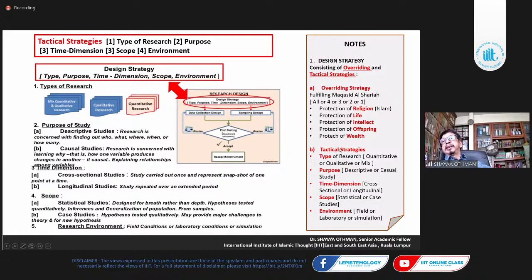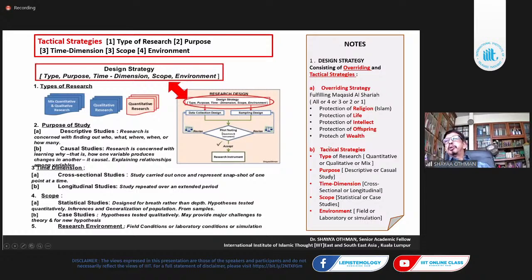The other strategy, I call it tactical strategy. Tactical strategy means whatever you do here, your purpose, time dimension, should not go against this overriding strategy, but should fulfill it. For example, when we did environmental business research on toxic waste, it should fulfill the overriding strategy.